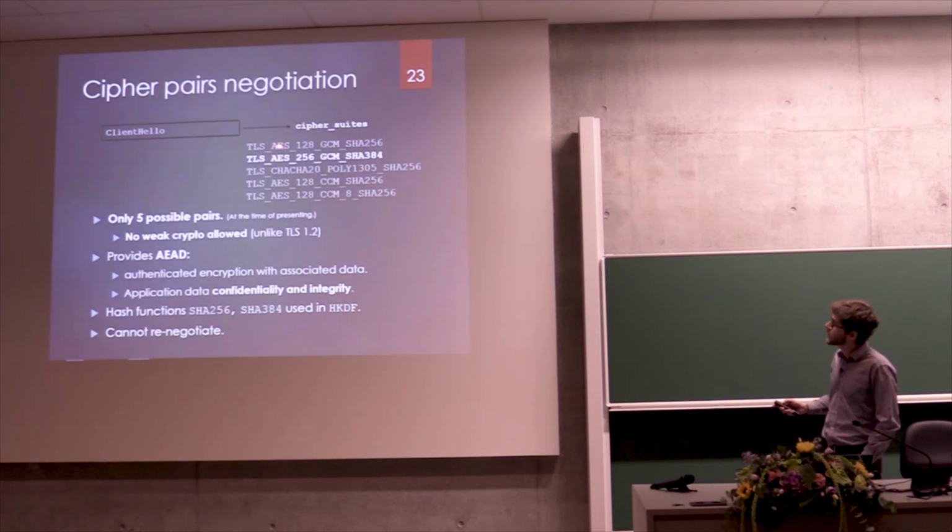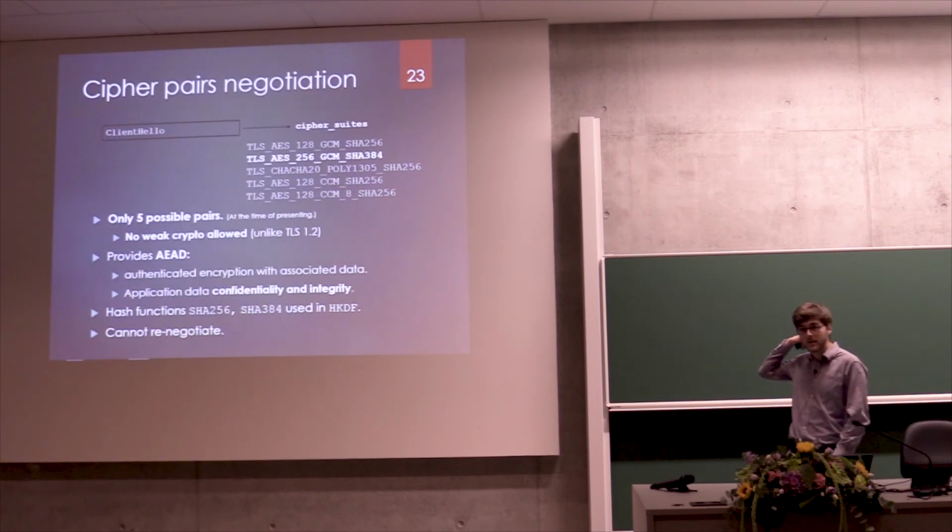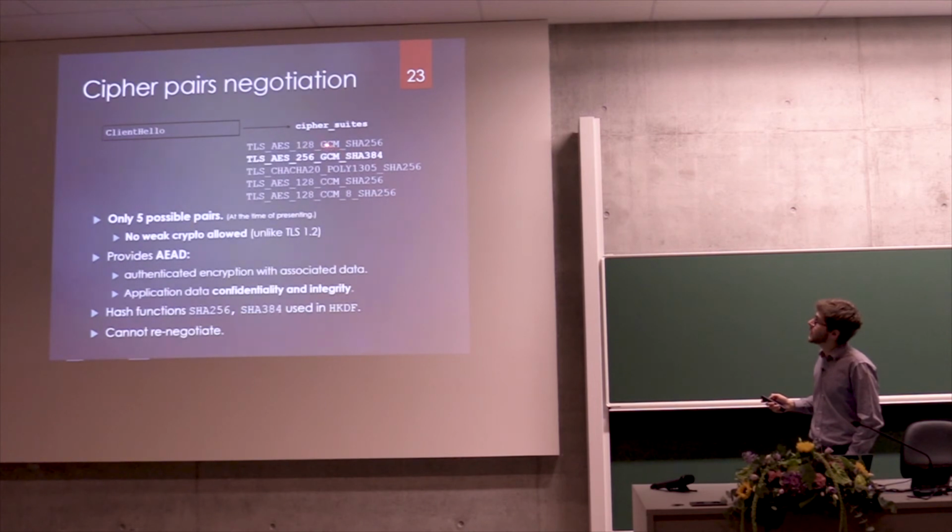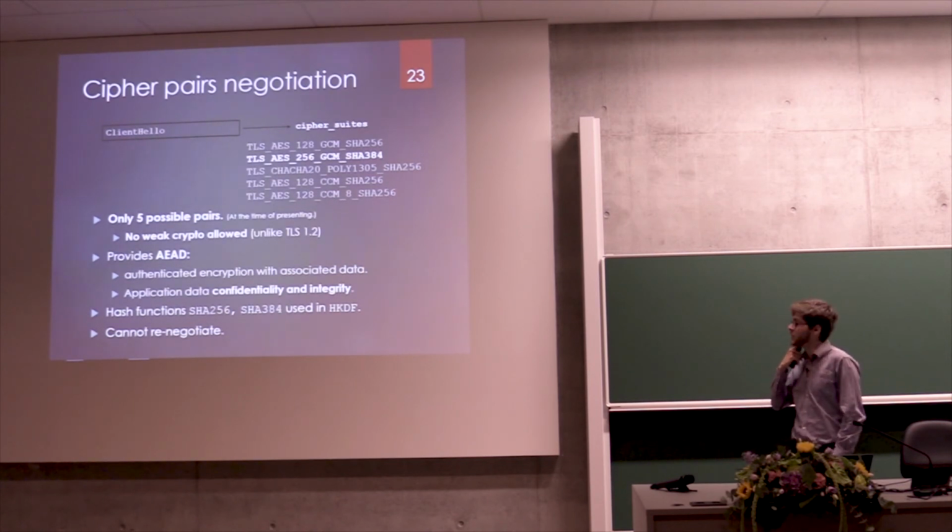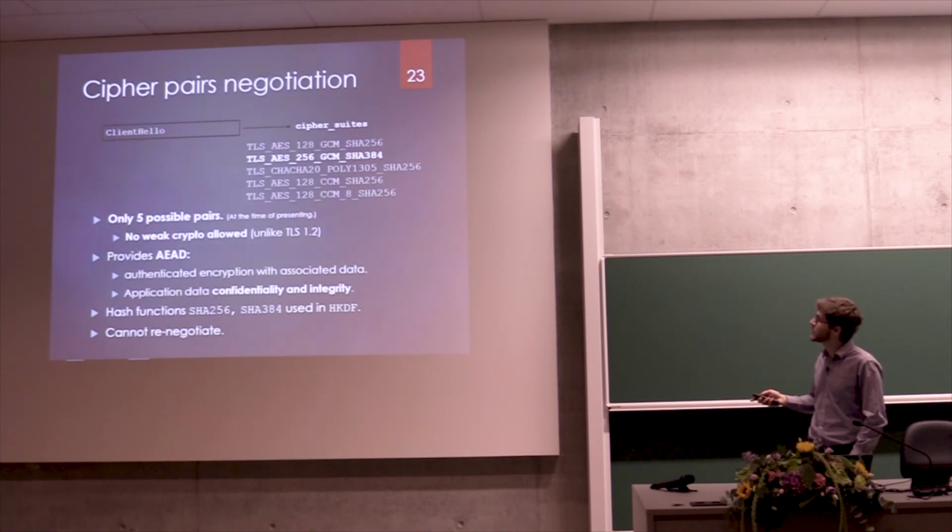All but one of them use AES at least at the 128-bit key level. One of them actually has 256. You can use them either in GCM or in CCM, which is authenticated encryption with associated data. So immediately we have confidentiality and integrity here. Very strong hash functions.